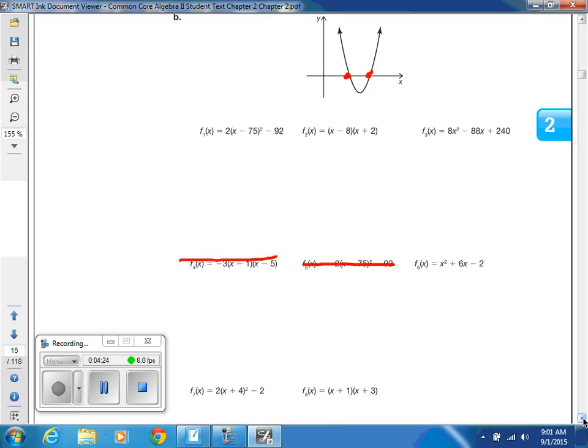So what gets to go now? Yep, 2 is out. Anything else? Look at 8 down here. What are those x-intercepts? -1 and -3. Is that a -1 and a -3? Nope, 8's out. Okay.